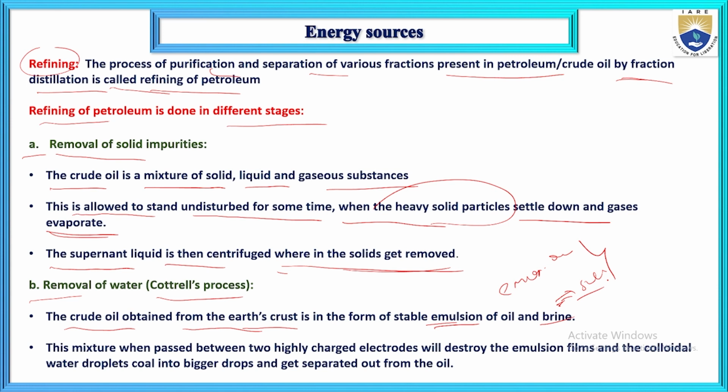When this mixture is passed between two highly charged electrodes, what happens? The emulsion films will be destroyed, and the colloidal water droplets are converted into bigger drops.